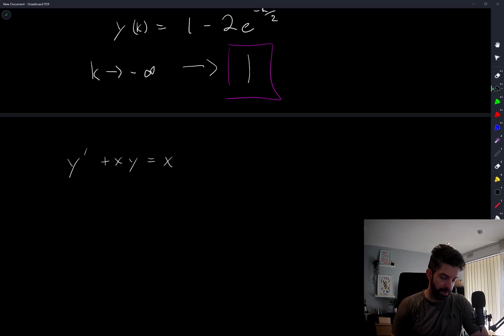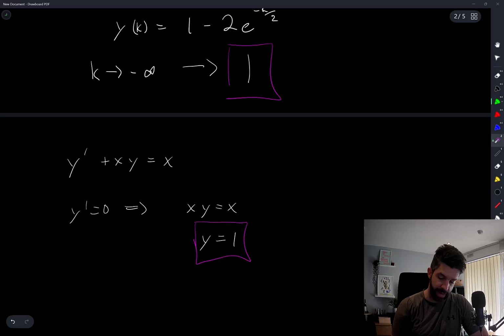If I set y prime equal to 0, then I have xy is equal to x, and so y is equal to 1. That would be a very good candidate for the answer.